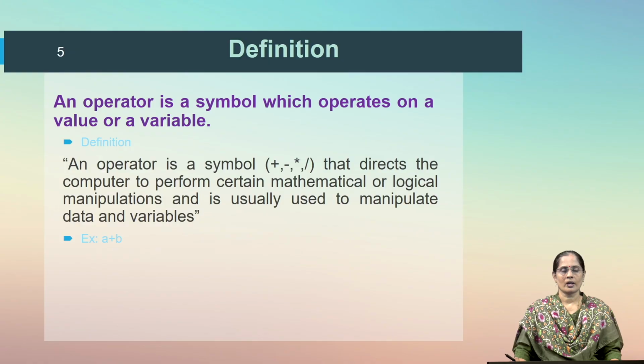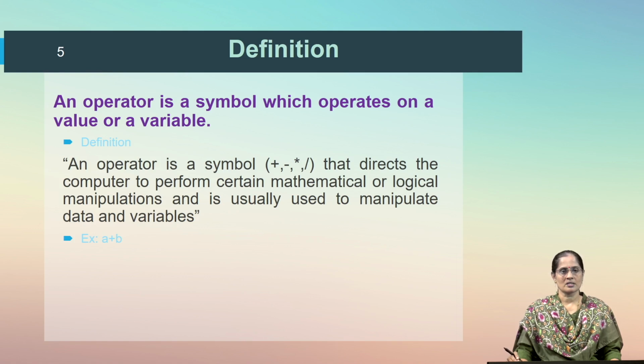The definition of an operator is, it is a symbol which operates on a value or a variable, so that it can be applied for some sort of mathematical function. An operator is a symbol.